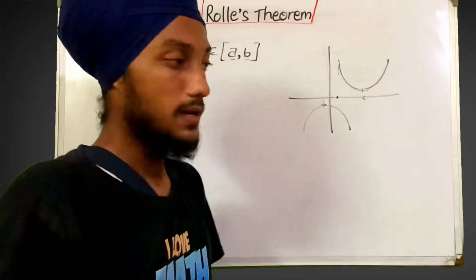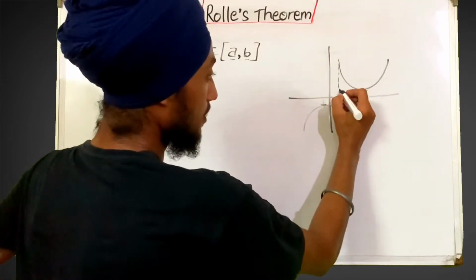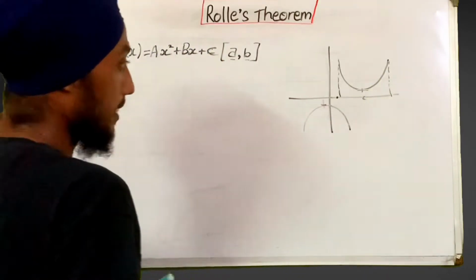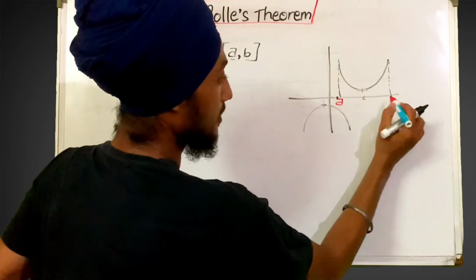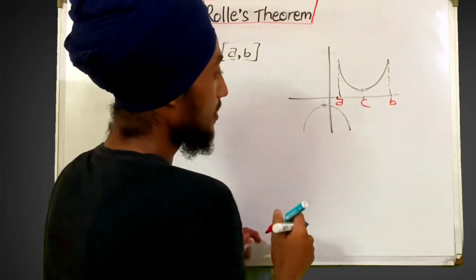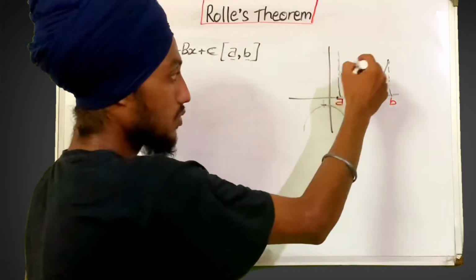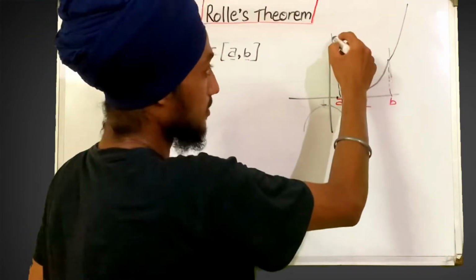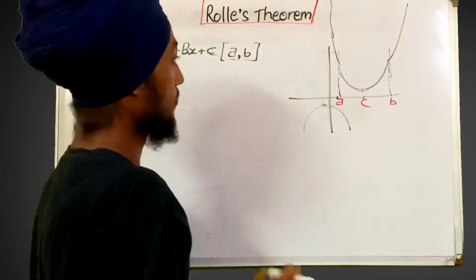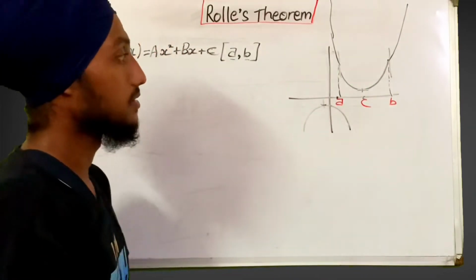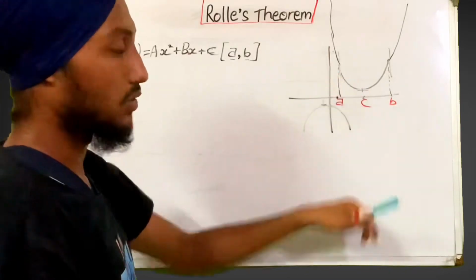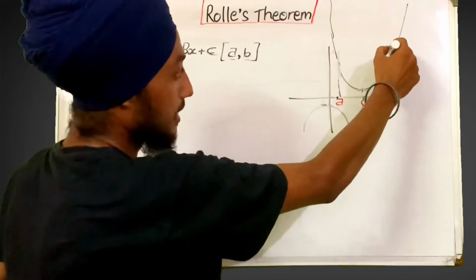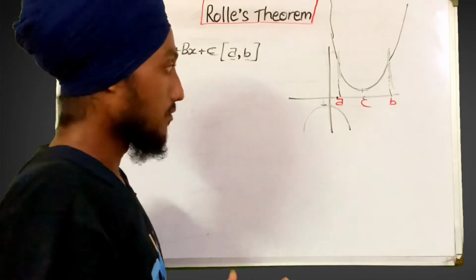The values of the quadratic function go from A to B, this is A and this is B and this is C. If we have to apply Rolle's theorem to a quadratic function, its domain is all real numbers, and we just have to check on the interval a and b.